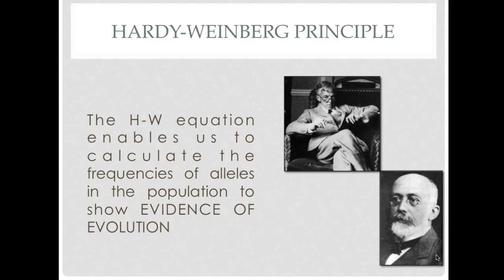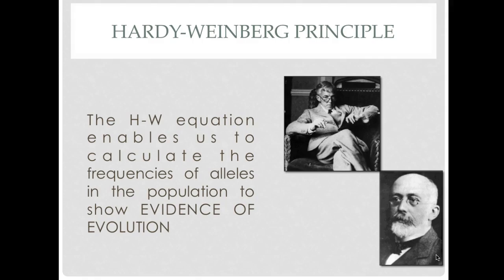Capital B was for brown hair, lowercase b was for blonde hair, and everyone in a particular population had a combination of these 2 alleles. If, say, the brown hair was occurring in the gene pool 60% of the time, that means out of the entire population, 60% of those alleles were going to be brown, capital B, which means 40% would be blonde, the other allele.